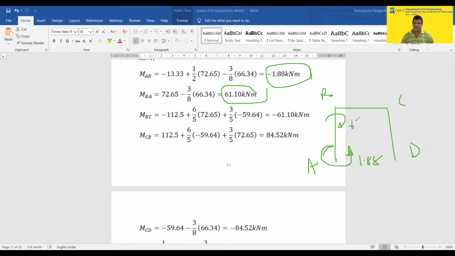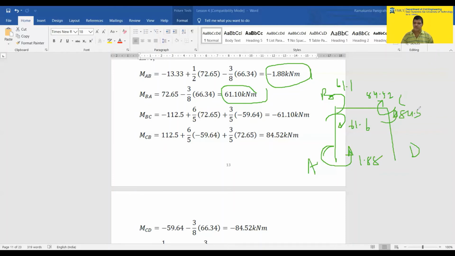Now here the MBC is minus, so it will be anti-clockwise. Clockwise is 61. Now MCB is 84.5 clockwise, so it will be clockwise here. MCD is minus, minus means anti-clockwise, so it will be anti-clockwise like this.